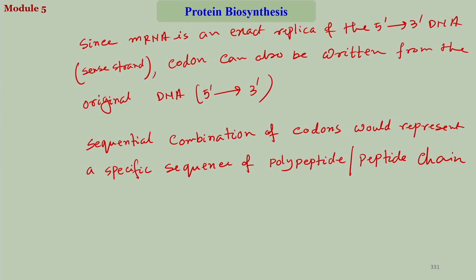What is the utility or use of codons? Now, the question is, how do you know that this particular codon represents this particular amino acid? Of course, it is a real tedious job to find out, because there is no direct relation between the amino acid and the codon, right, because the amino acid is connected at the 3 prime end of the tRNA and the anticodon is present at the bottom of the tRNA.